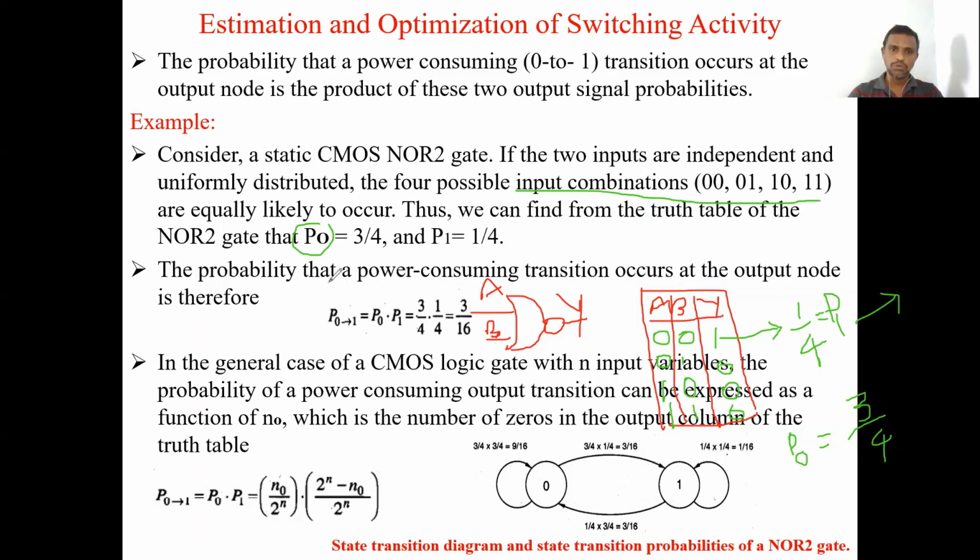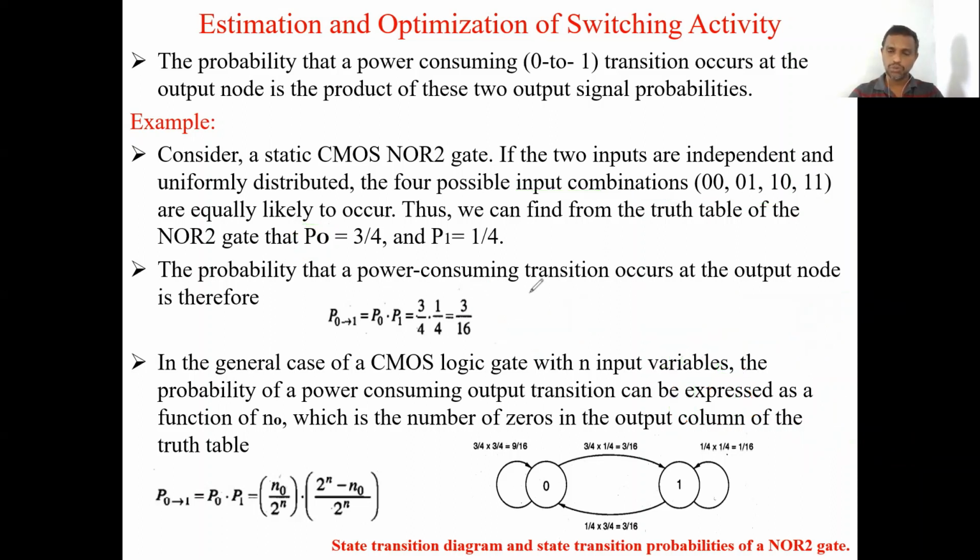Okay, so the probability that a power consuming transition occurs at the output node is P0 to 1, the probability of transition from 0 to 1, which is nothing but the product of the output signal probabilities, P0 and P1.